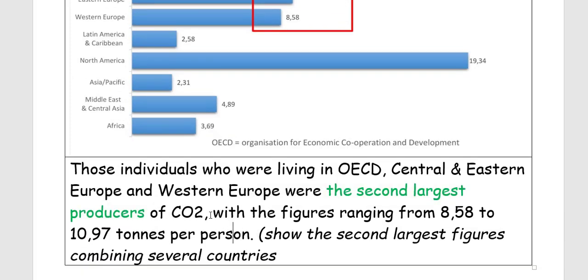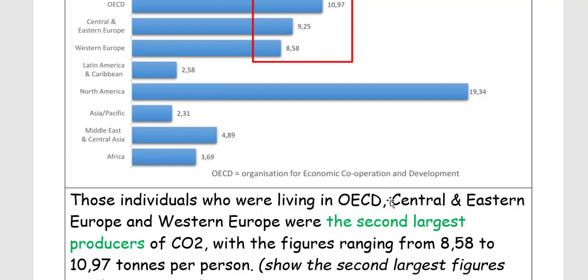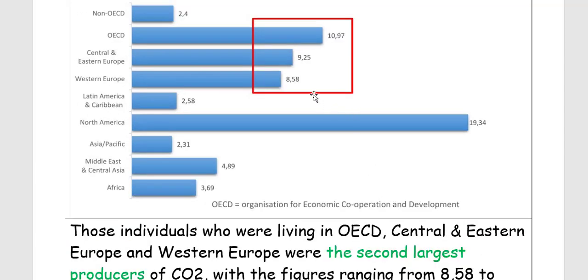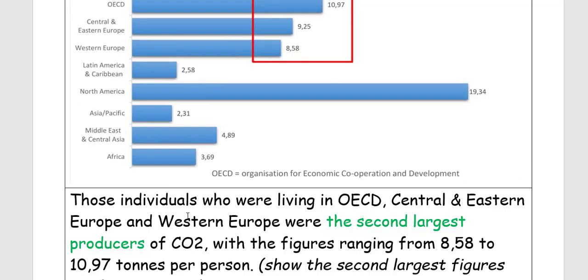And then with comma, with the figures ranging from 8.58 to 10.97 tons per person. So here, ranging from basically means now we're focusing on the lowest figure and on the highest figure here. So therefore I'm showing the lowest figure here and the largest one, okay?